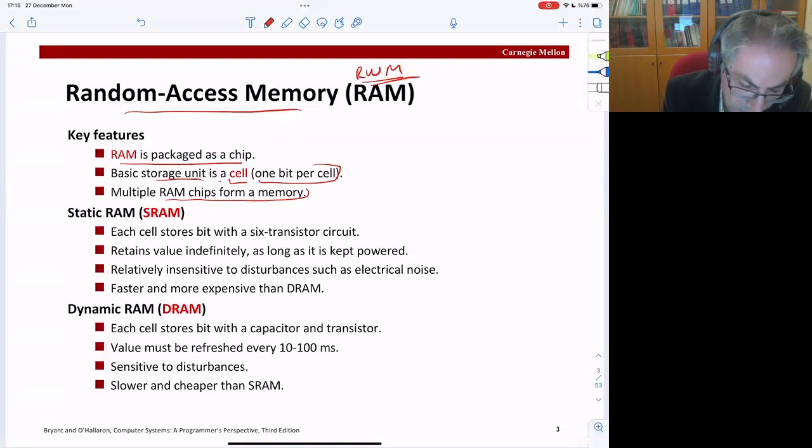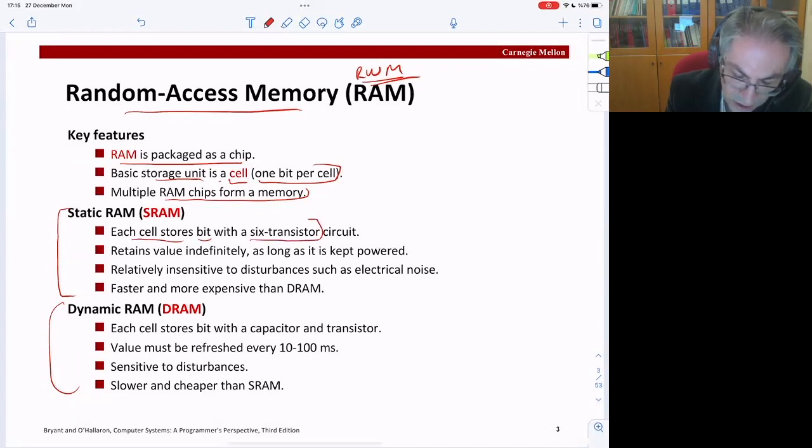When we talk about RAM, there are two main technologies, static RAM and dynamic RAM. Static RAM is what you're seeing with these flip-flops in logic design. In this case, each cell, which stores a bit, is implemented in a 6 transistor circuit. You remember from logic design that once you save a value, it can retain its value as long as you have power on.